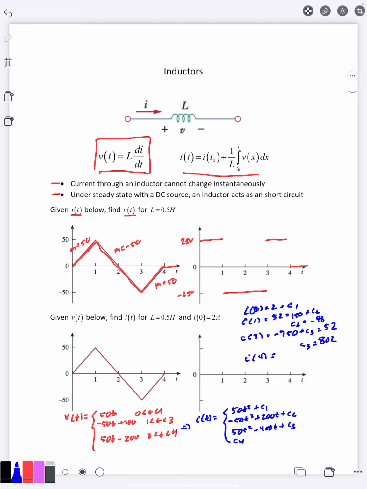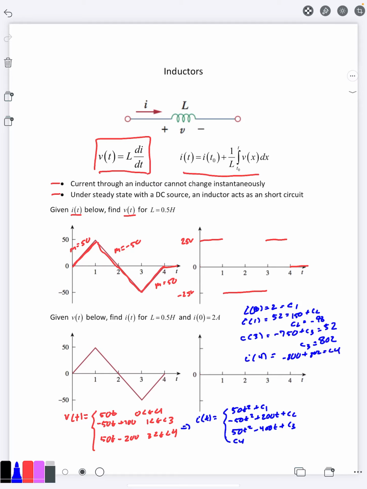You saw in the capacitor one, drawing it was kind of a mess anyways, but we can at least find the formula for the current here. So if I plug in 4 into that formula, doing a little bit of work here, we'd have negative 800 plus C3, which is 802, so it's going to be 2, equal to C4.